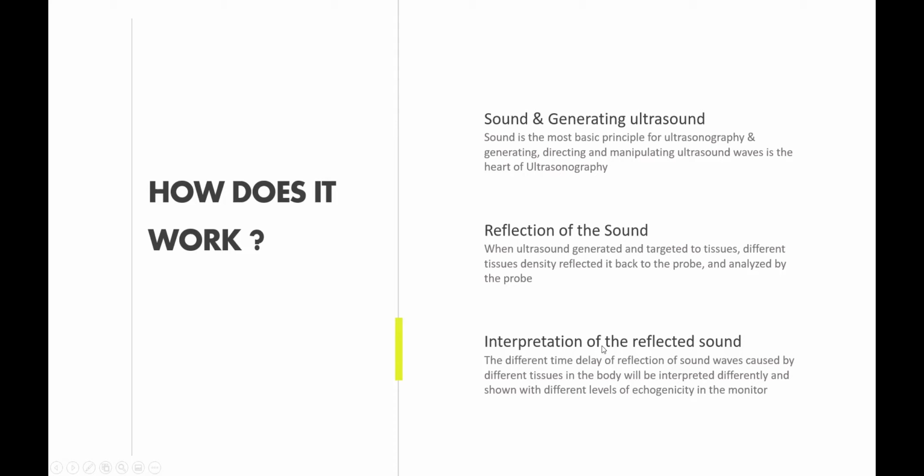Then, when the images are interpreted by the computer in the ultrasound machine, the different time delays of reflection of the sound wave caused by different tissues in the body will be interpreted differently and shown with different levels of echogenicity on the monitor, black and white.